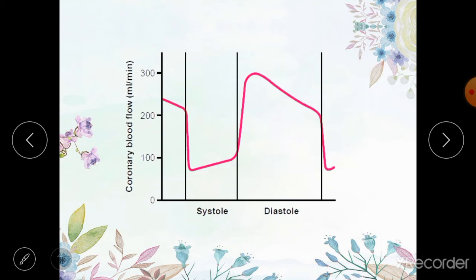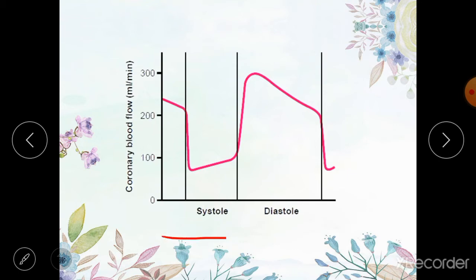And you can see this in the graph that we have around 250 ml or around 300 ml of blood which flows in the coronary blood vessels, and the blood flow is maximum when the heart is in the relaxed form, and it is the minimum or there is very little blood flow when the ventricle is contracting. So this is the graph which shows the coronary blood flow during the cardiac cycle, and you must remember this graph and you must know how to draw it.